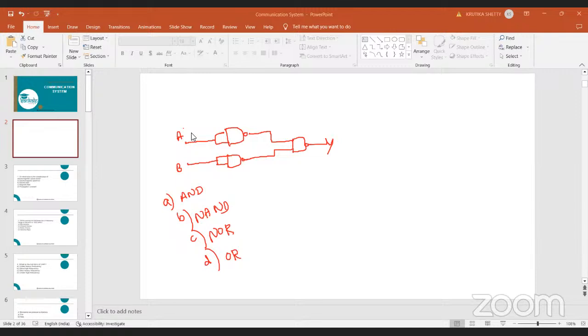Okay, identify the logic operation carried out by the circuit. The circuit is in front of you.